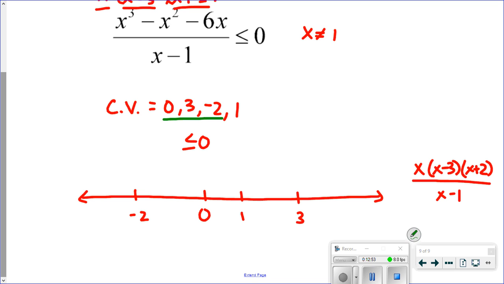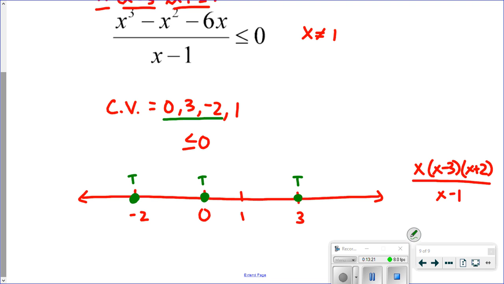And since it's less than or equal to, all of these three values can be included. So negative 2 is true, at 0 is true, and at 3 is true. So all of these are going to be closed circles.